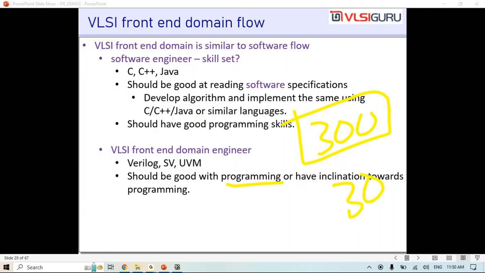I'm trying to tell you that you should always look at the simpler side. You should not think that things are very complex. I cannot do programming. It's easy to learn programming because any language you take, C language, Verilog language, they don't have as many things as we have in our languages, like Telugu, Kannada, Tamil, Hindi. We have a lot of words to learn. Each has its own context, each has its own meaning, right?